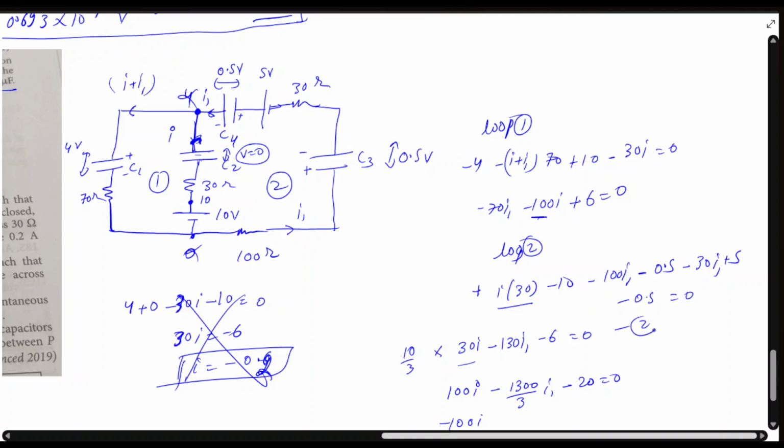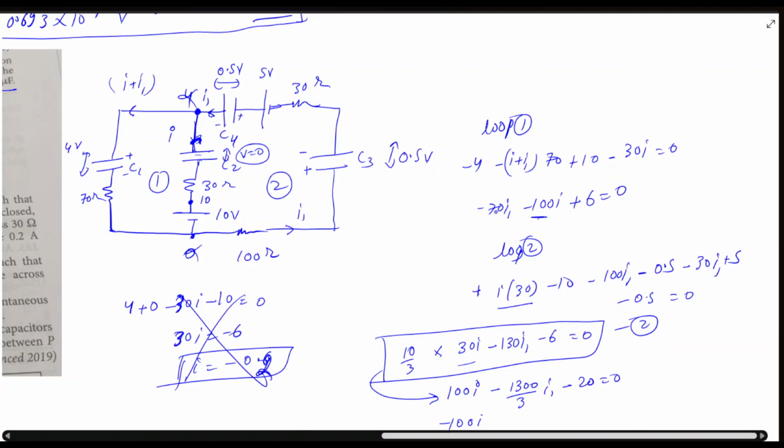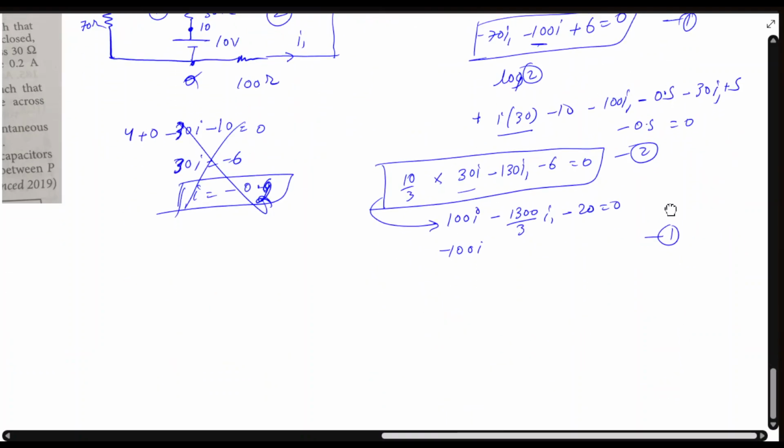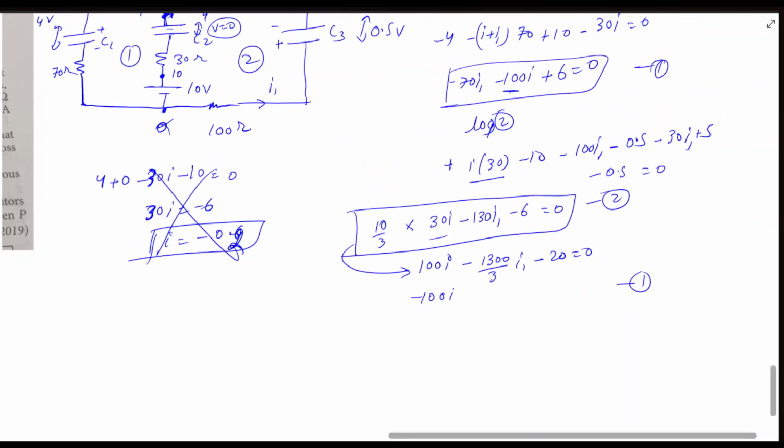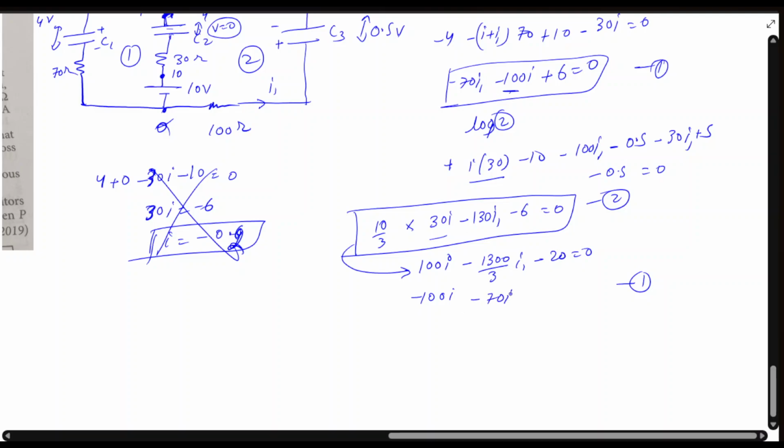So this is our second equation, right? I have modified the second equation here, and this is our first equation. So I'm writing the first equation again. So it was minus 100I minus 70I1 plus 6 equals 0.